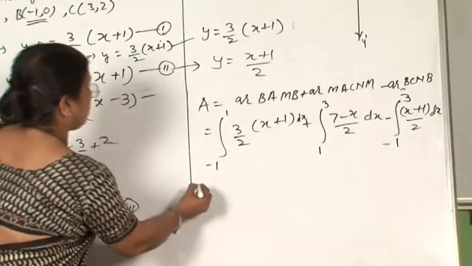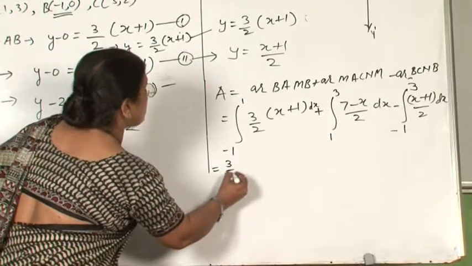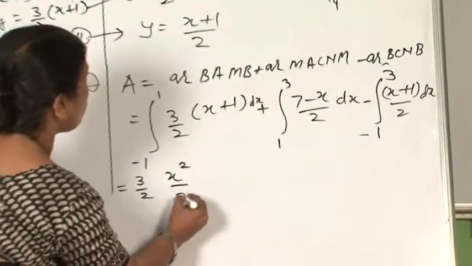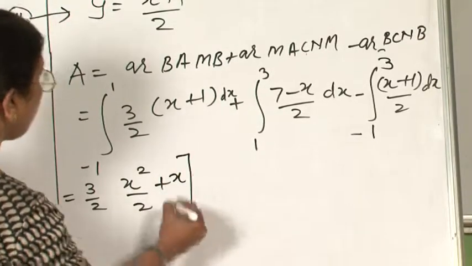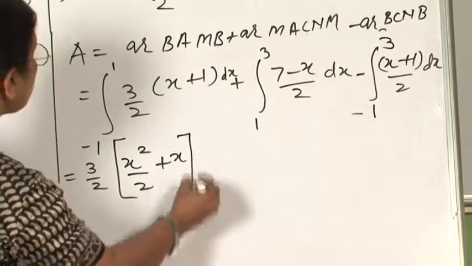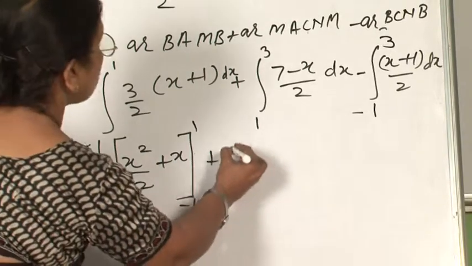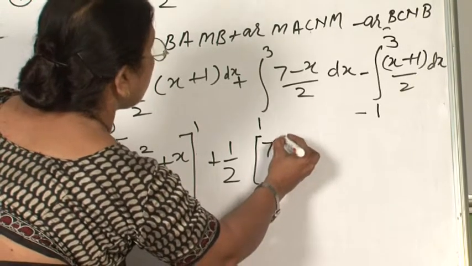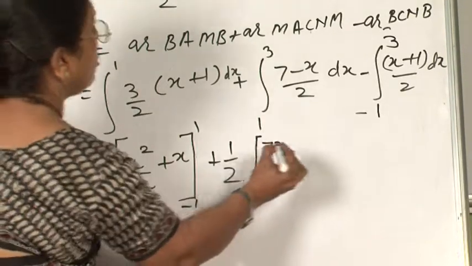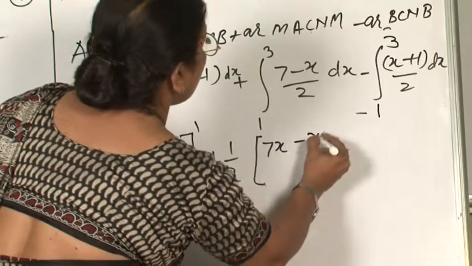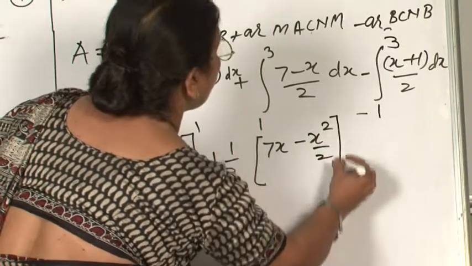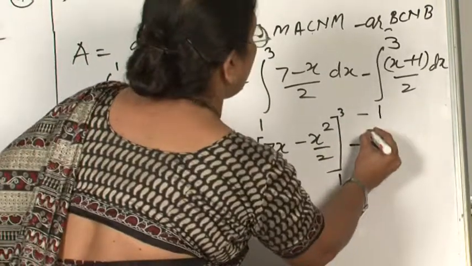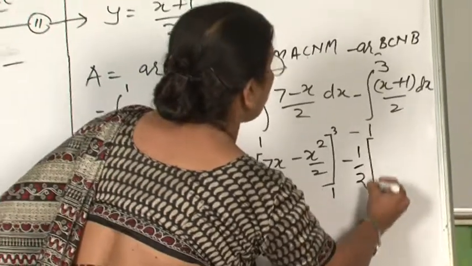Now we have to integrate this. So this is 3 by 2, we can take it out. The integration of this is x square by 2 plus x, with limits from minus 1 to 1, plus 1 by 2, and this is the integration of a constant, so 7x minus x square by 2, from 1 to 3, and minus 1 by 2, we can take it out.